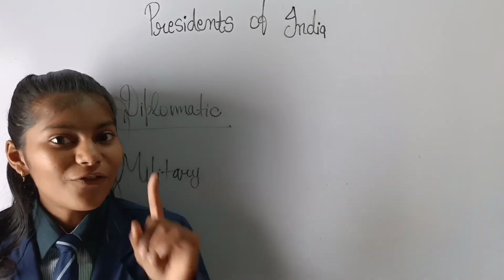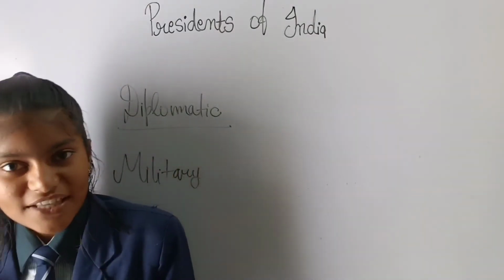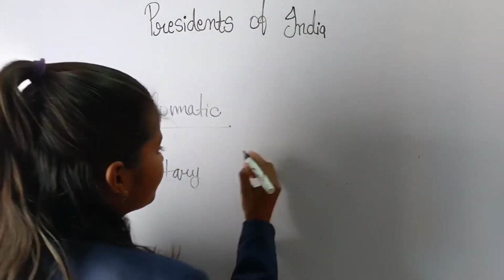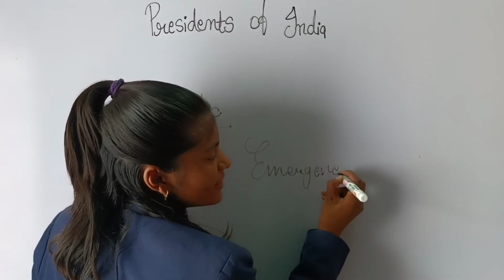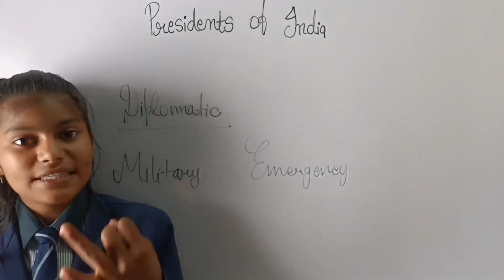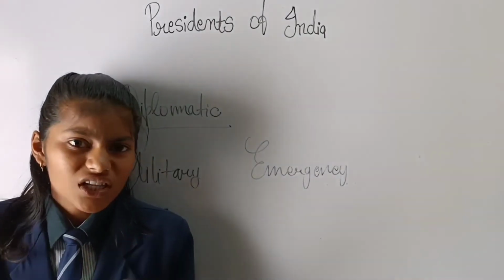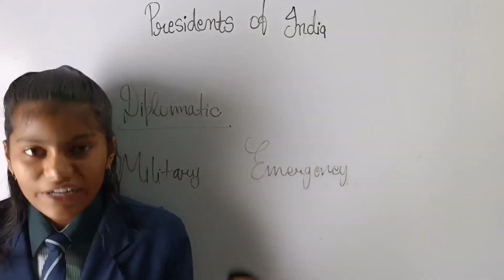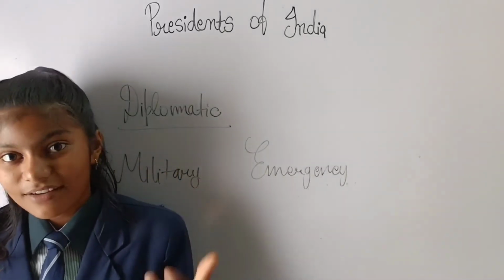And there is one more power, that is the emergency power, right? Emergency is classified into 3: the national emergency, state emergency, and financial emergency. National is on the national level, on the country level; state is on a particular state, like our state Rajasthan.